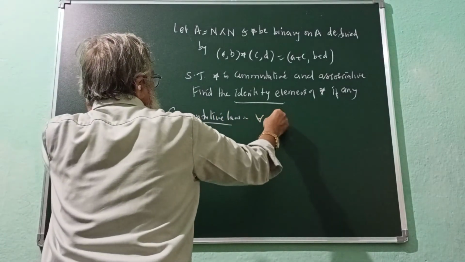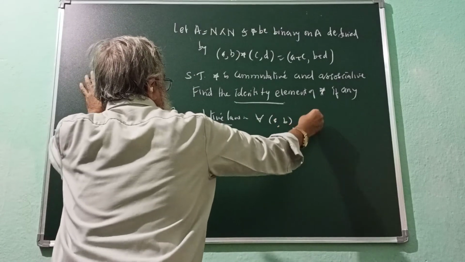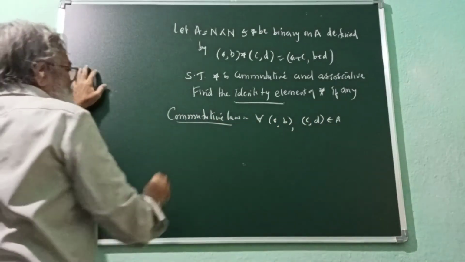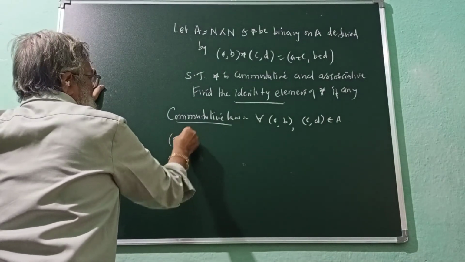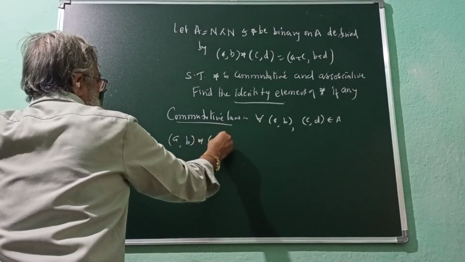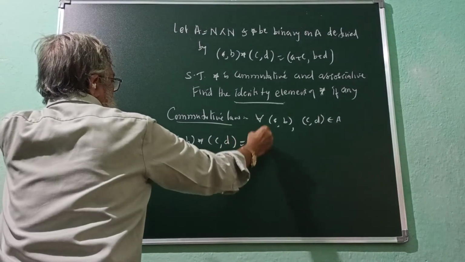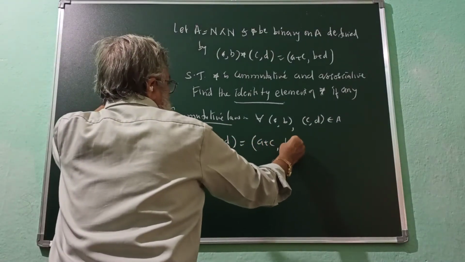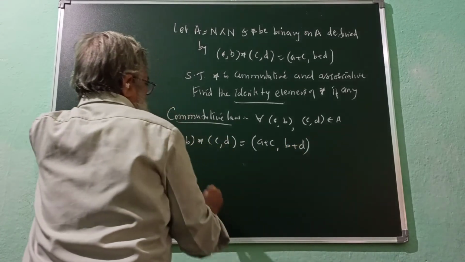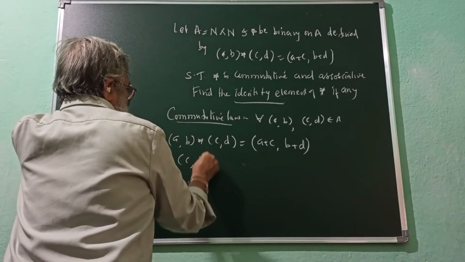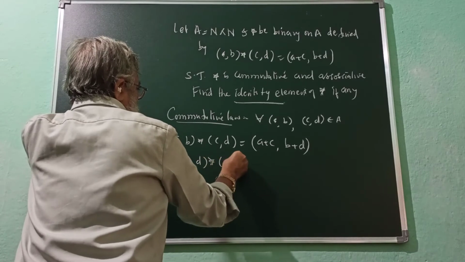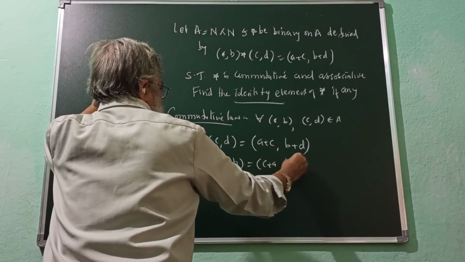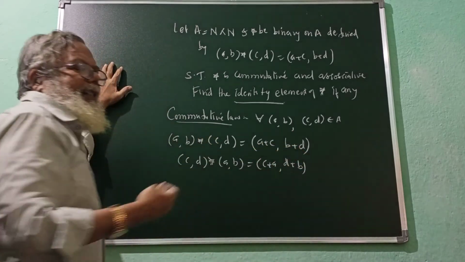That is, for every AB and CD belonging to the set A. Now you see here, AB star CD is equal to, according to the definition, A plus C, B plus D. And if you take CD star AB, then also it is C plus A, D plus B, but we know that after adding we get the same number.